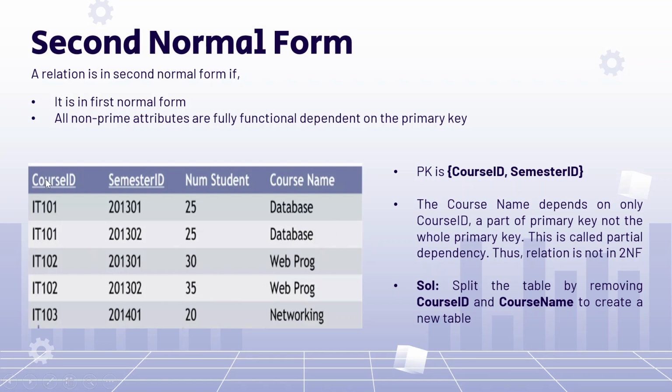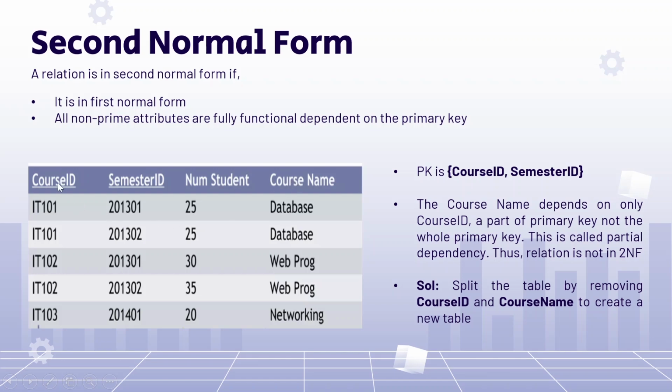Here the primary key is the combination of course ID and semester ID together. So this is the primary key. Now, we know that the primary key always determines any attribute in that relation. So the course ID and semester ID together can determine number of students. Also course ID and semester ID together can determine course name.